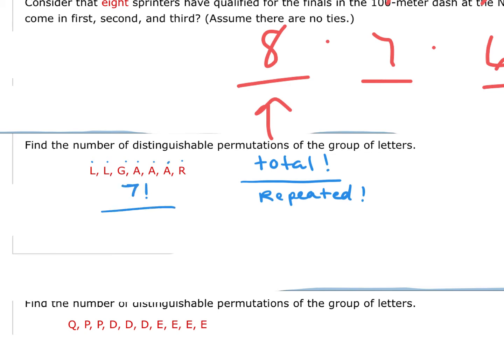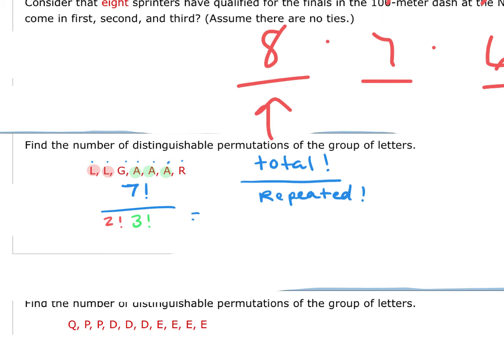So 7 factorial on top. Now we want to see what letters repeat. So L's repeat twice. So that would give us 2 factorial on the bottom. And A's repeat 3 times. So that would give us 3 factorial on the bottom as well.